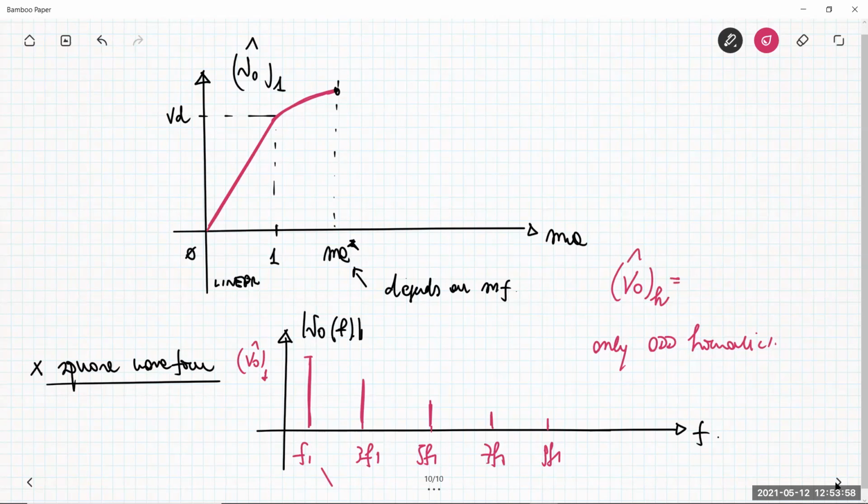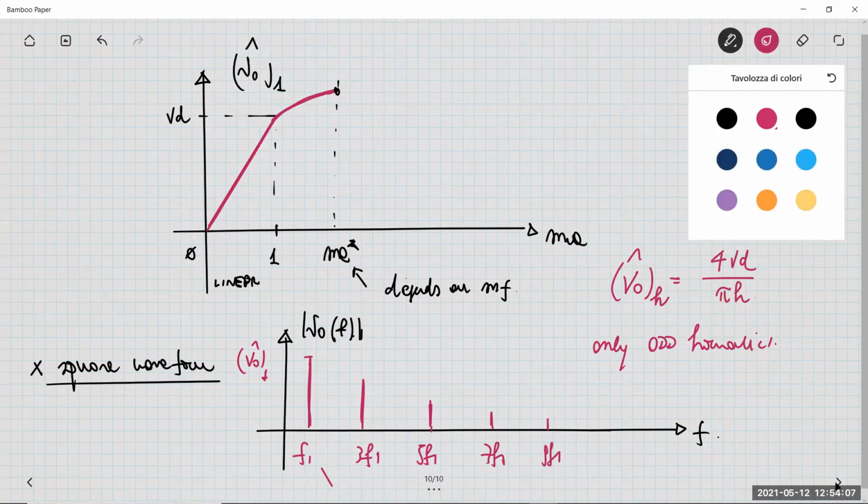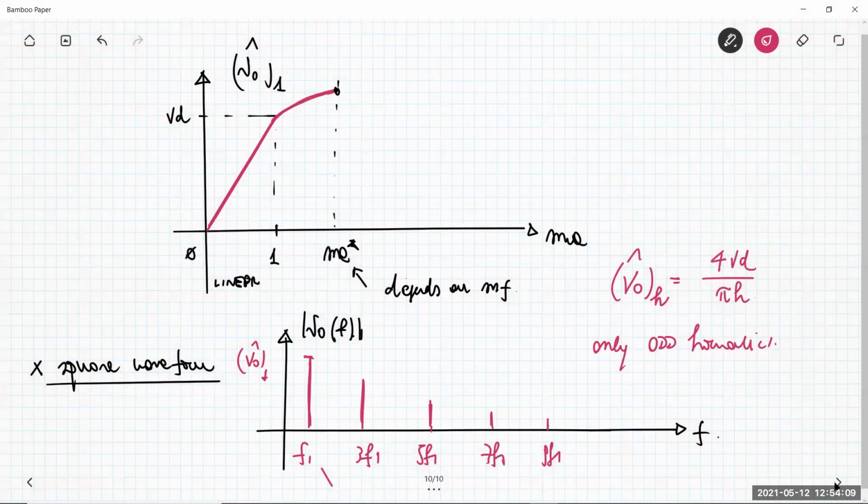This is given by 4 Vd over pi multiplied by 1 over H. So for example, the first one is 4 Vd divided by pi.